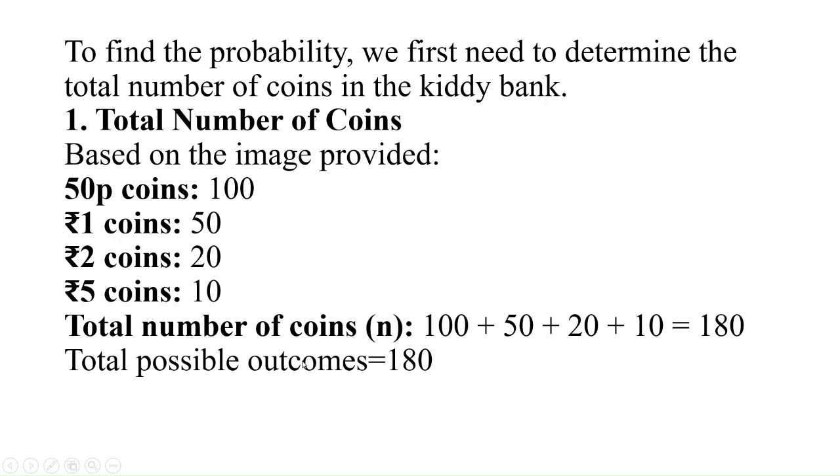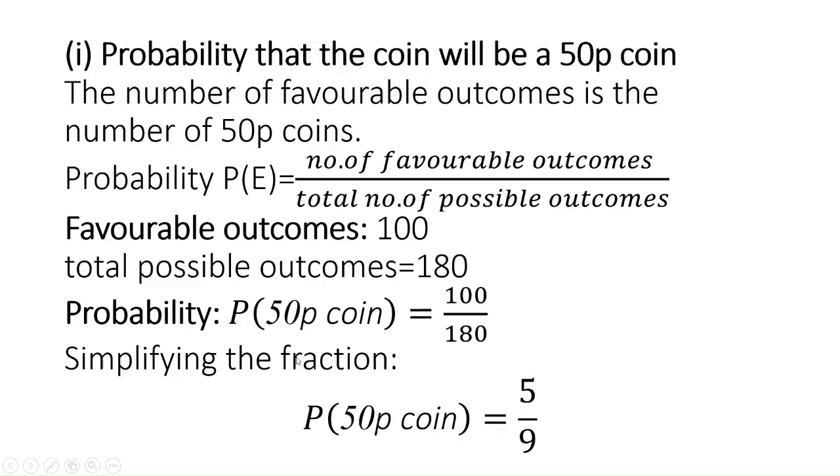So let us find out the probability of getting a 50 paise coin. First event is we need to find out the probability of a coin that will be a 50 paise coin. Here the total number of favorable outcomes in this event will be the number of 50 paise coins.